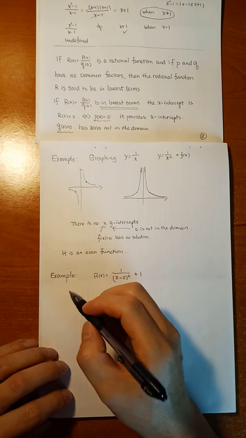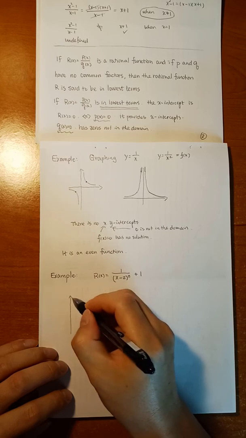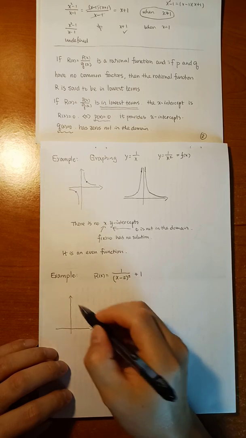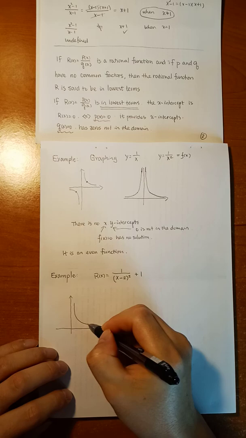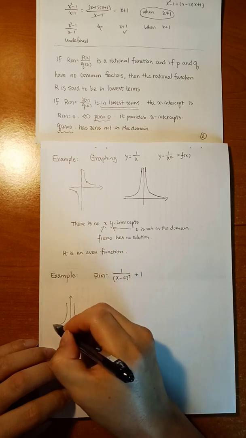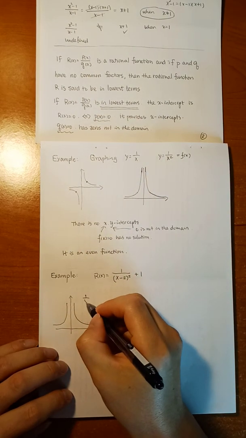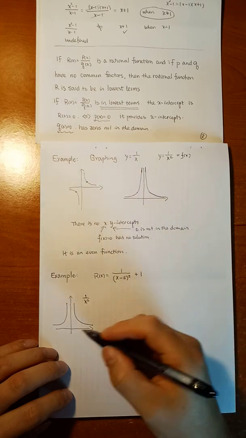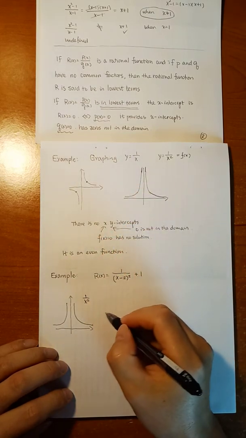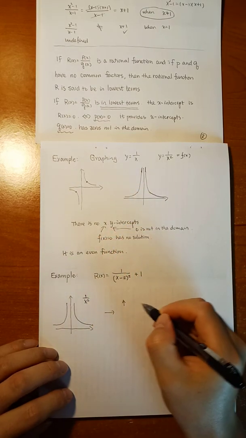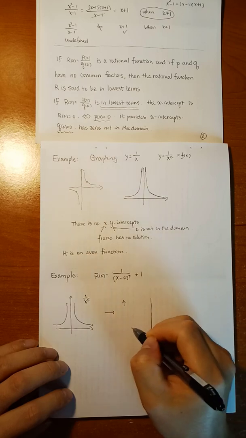Let's use the other order. So first, you get 1 over x squared. And then let's shift it 1 unit up.